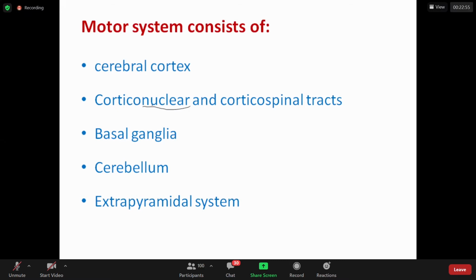So corticonuclear means going to the brainstem motor cranial nerve nuclei, and corticospinal means they are originating from the cerebral cortex pyramidal cells directly to the spinal nerve, while corticonuclear goes from the cerebral cortex to the nuclei, and then they go downwards.